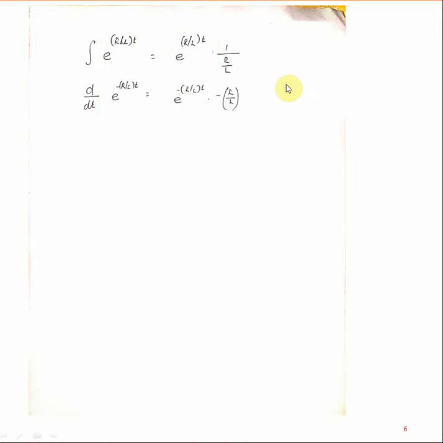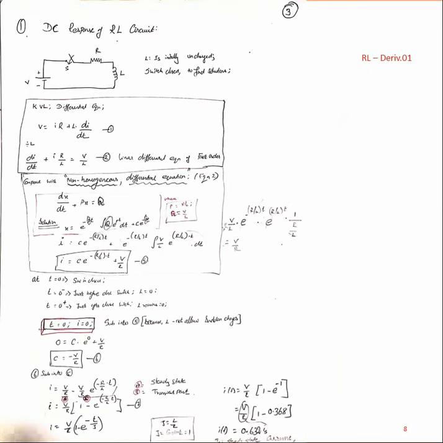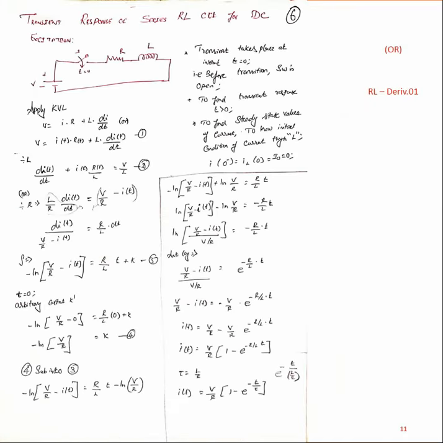Okay, so today in class we are going to learn one derivation, for RL circuits. You can see here a DC supply, a switch, followed by a resistance and an inductance. Transient takes place at the instant t equal to 0. Before the transient, the switch is open.